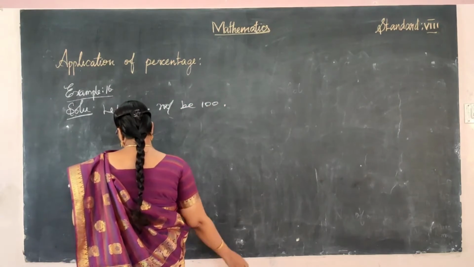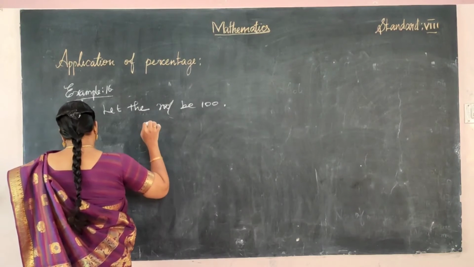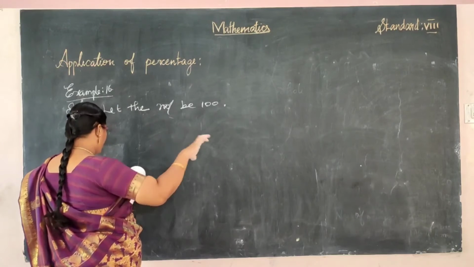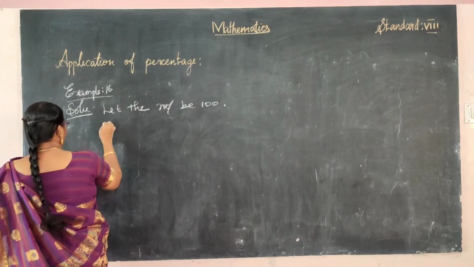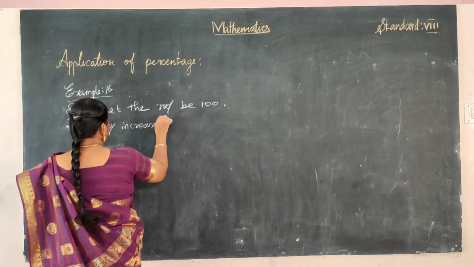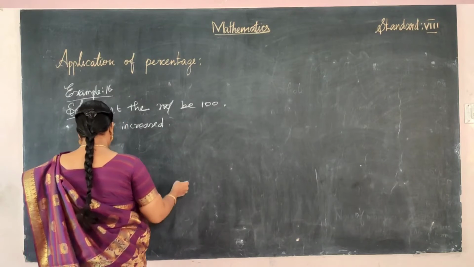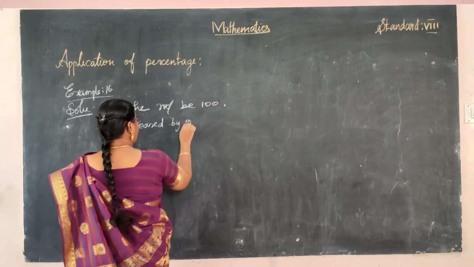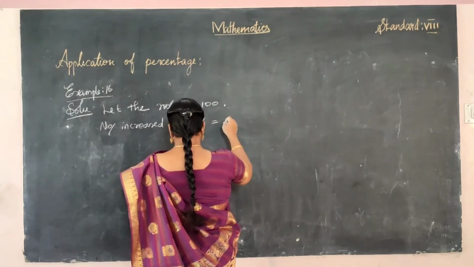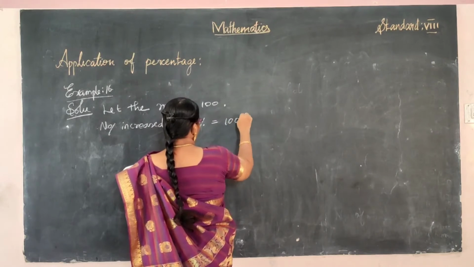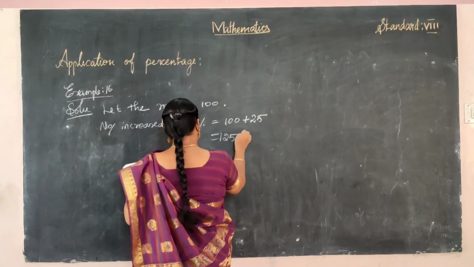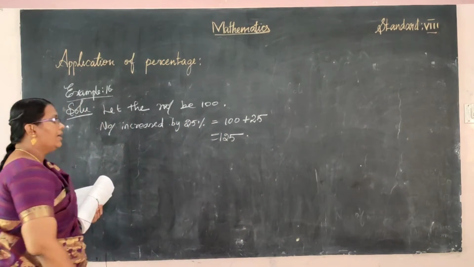Then the number is increased by 25 percentage. So what is the value? 100 plus 25, so 125.